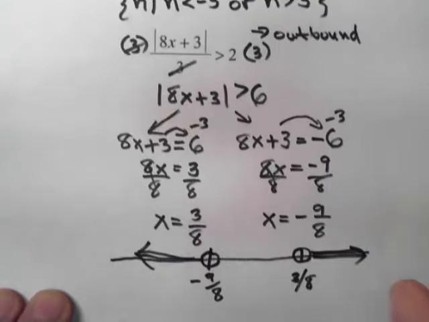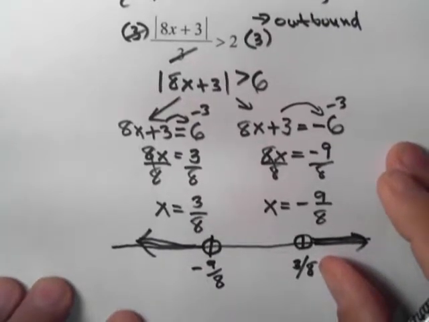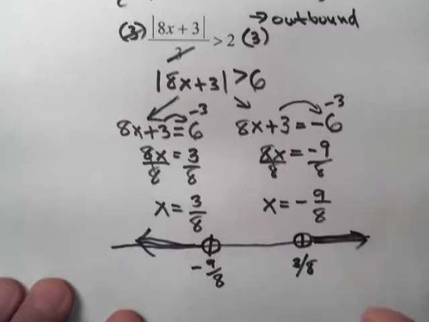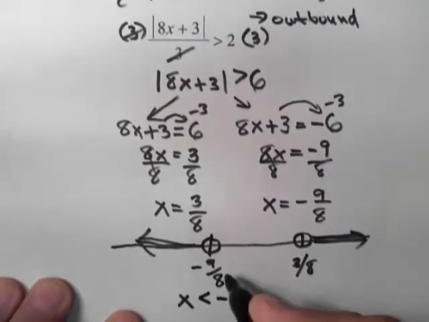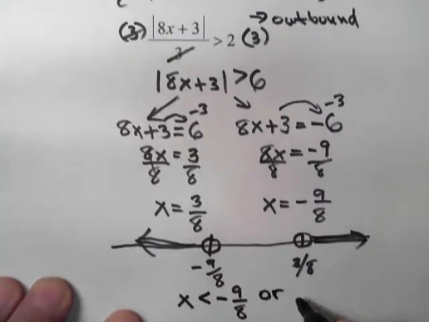Okay, well, lastly again, to make a set builder out of this, we say, let's see, our variable here is x. So we say x is going to be less than, no equal bar here, negative 9/8, and since it can be one or the other, then we say or x is going to be greater than 3/8.